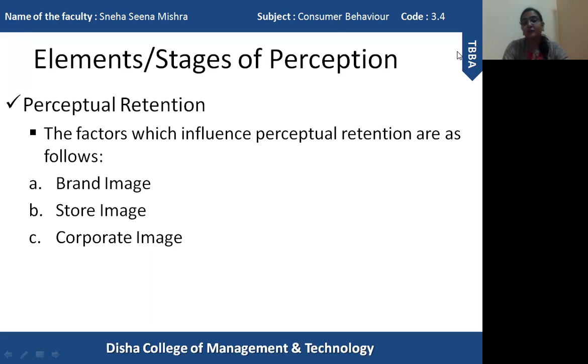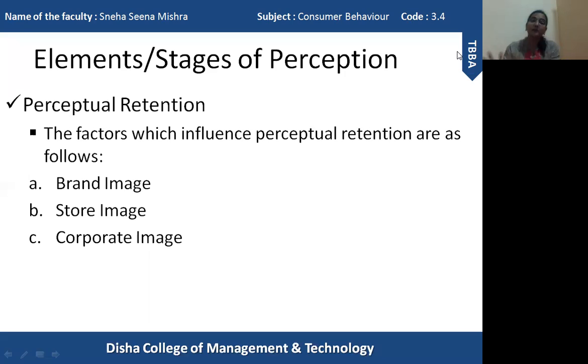That kind of corporate image is very difficult and even expensive for a company to create. And when they achieve that target, when they create such an image, it is very easy for them to launch any kind of product, and there are chances that their products are going to stay in the minds of the consumers.